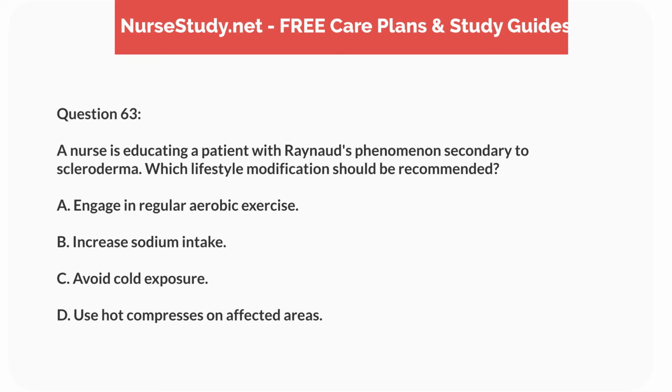Question 63. A nurse is educating a patient with Raynaud's phenomenon secondary to scleroderma. Which lifestyle modification should be recommended? A. Engage in regular aerobic exercise. B. Increase sodium intake. C. Avoid cold exposure. D. Use hot compresses on affected areas.